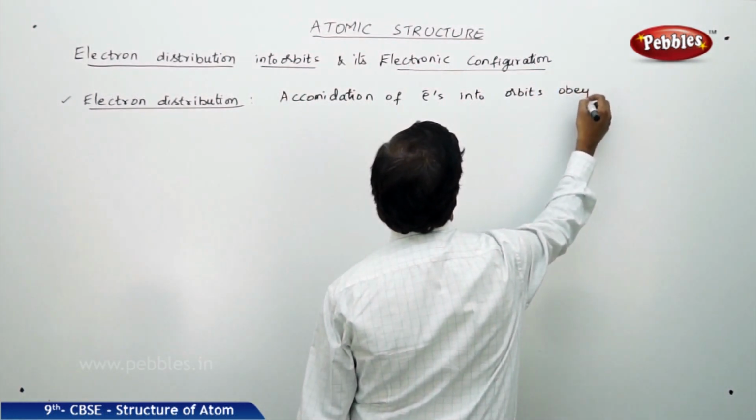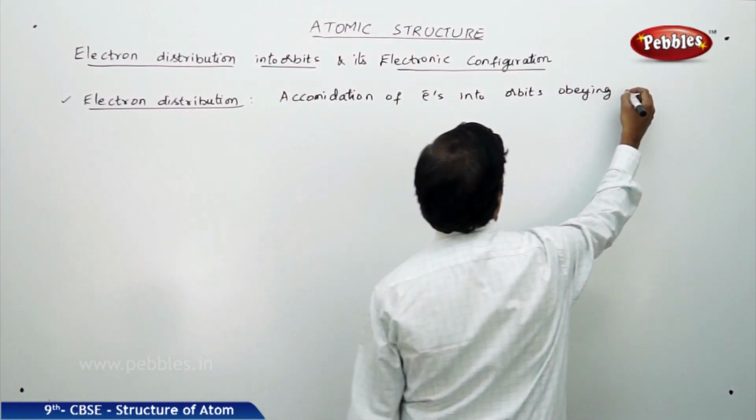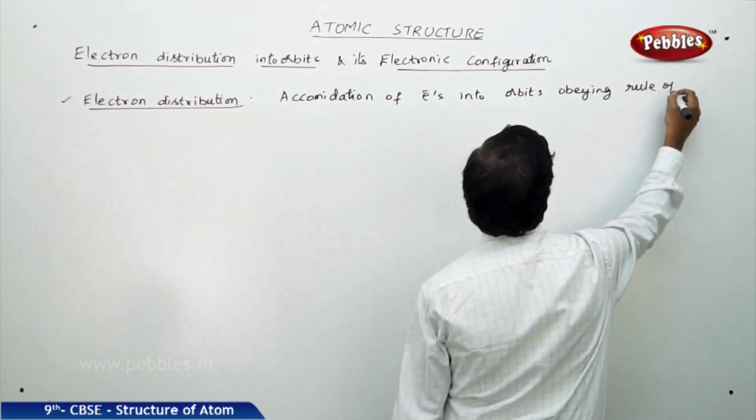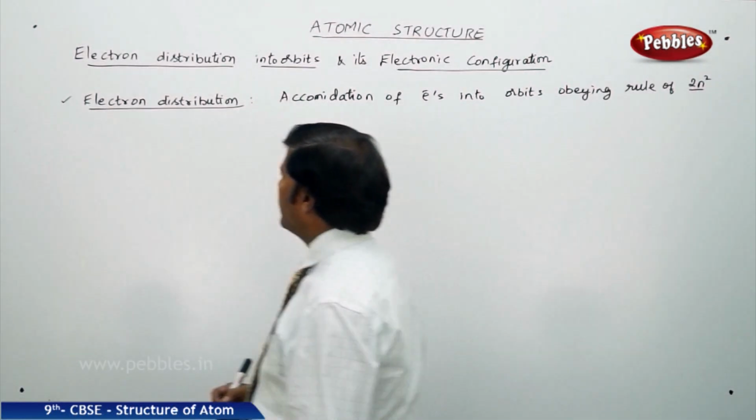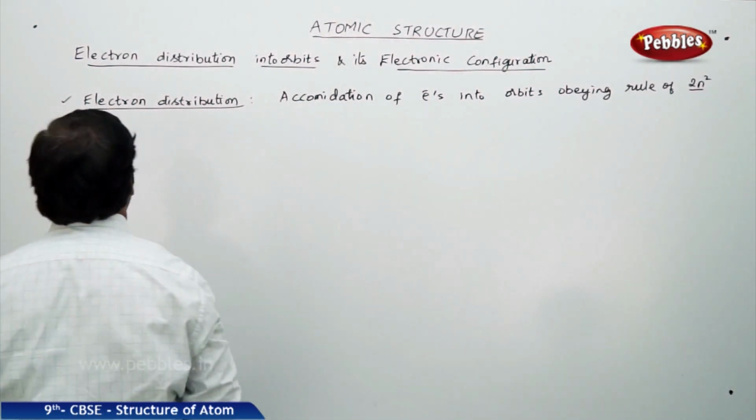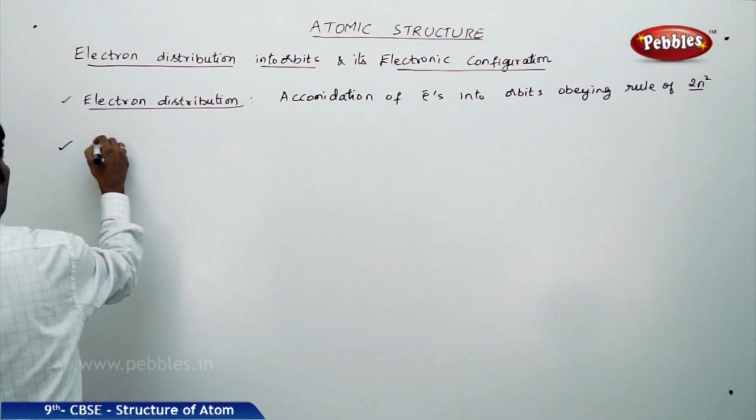obeying the rule of 2n square. That is the electron distribution. What is electronic configuration?